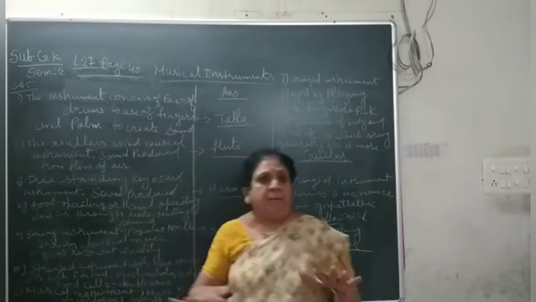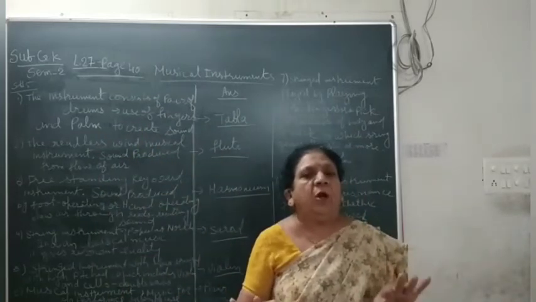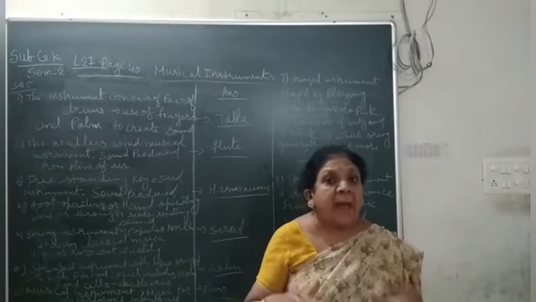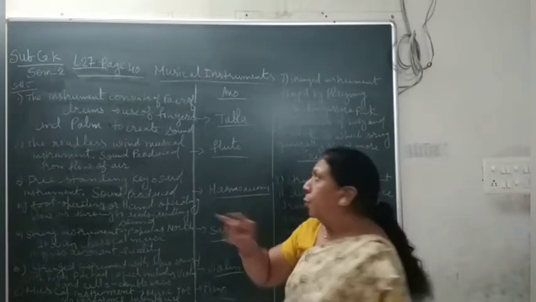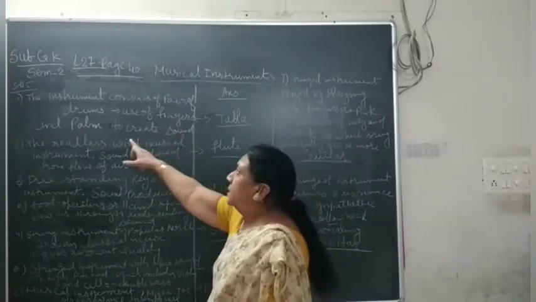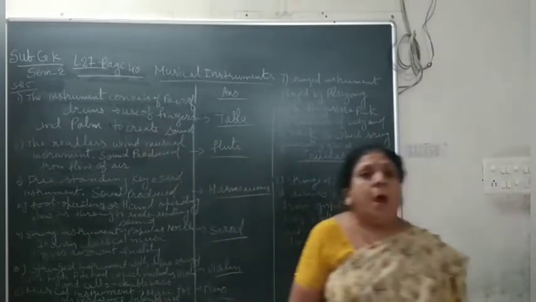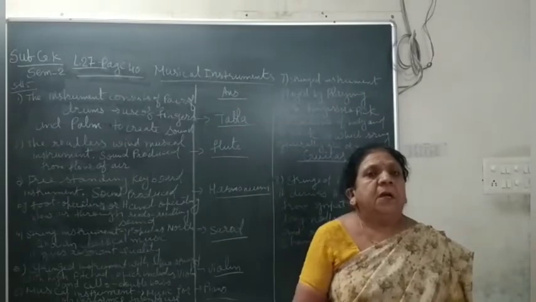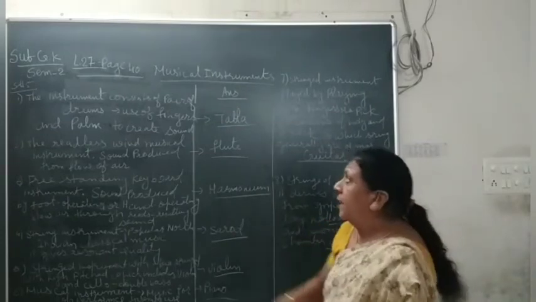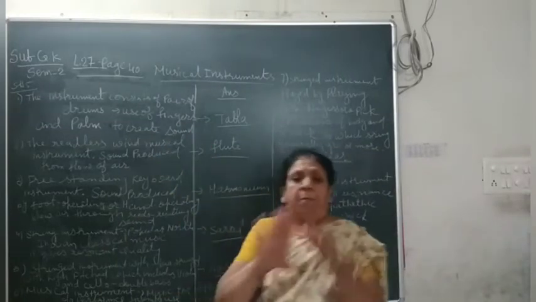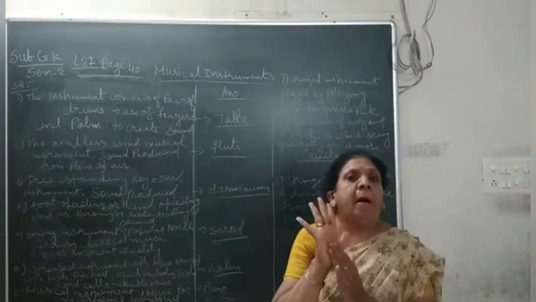See, pair of drums. Tabla alone will not be there; there will be a pair of drums. Pair means two. Fingers and palm are used to create the sound. How does the sound come from the tabla? Which part do we use for that? Fingers and palm.